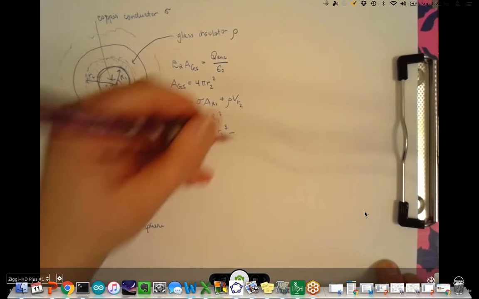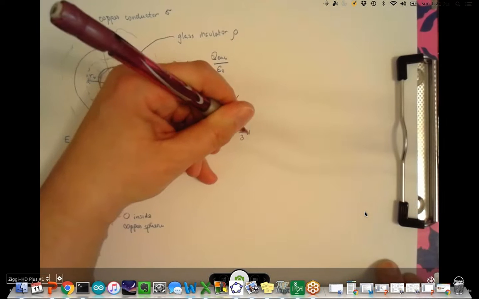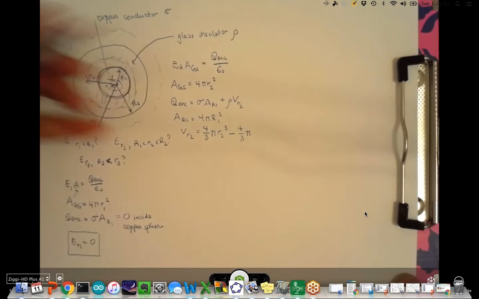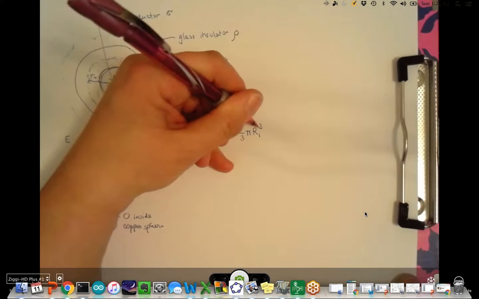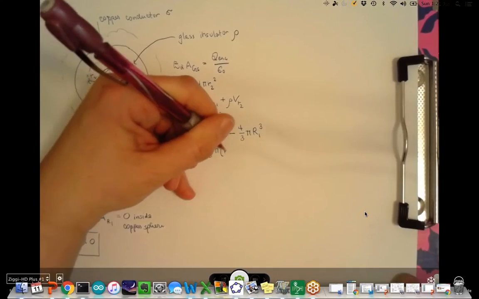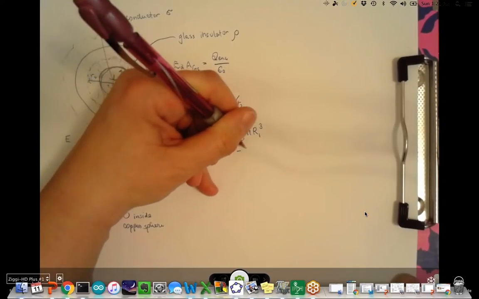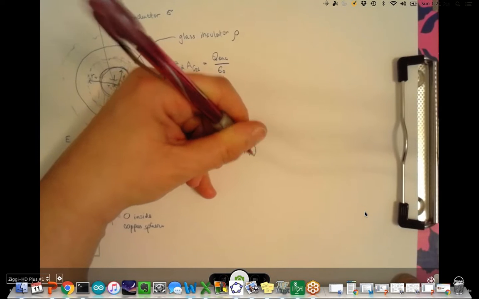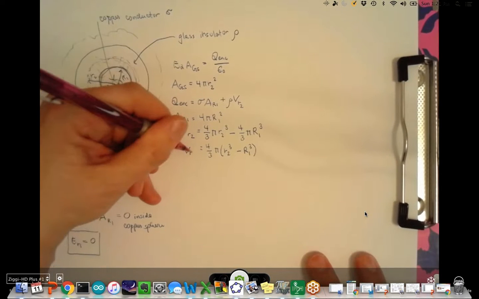So that's going to be minus 4/3 pi, and this little sphere here is big R1 cubed. This is the same thing as saying 4/3 pi times r2 cubed minus big R1 cubed. All right, so this is the volume out to R2.